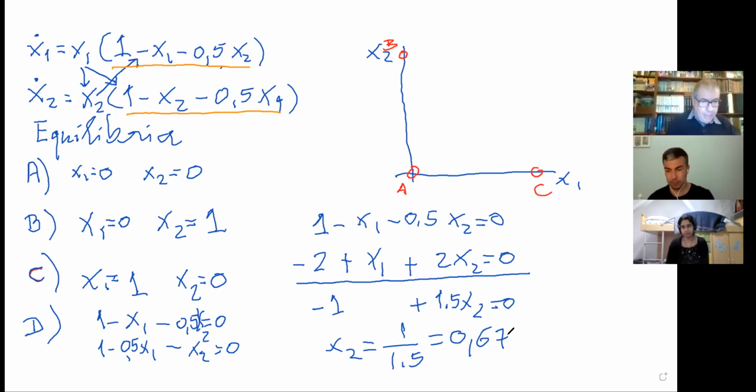And what about x1? Now you use x2 there. So you have 1 minus x1 minus 0.5 divided by 1.5 is 1 divided by 3.